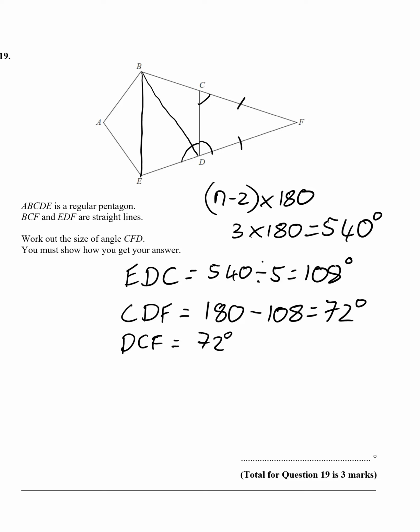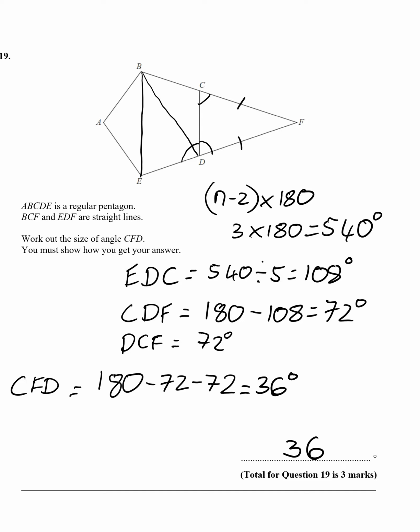So for CFD we do 180, take away 72, take away 72. Again, I'm going to reach for my calculator. I think it's 36. It is 36 degrees. Very clearly laid out what I've worked out at each stage.